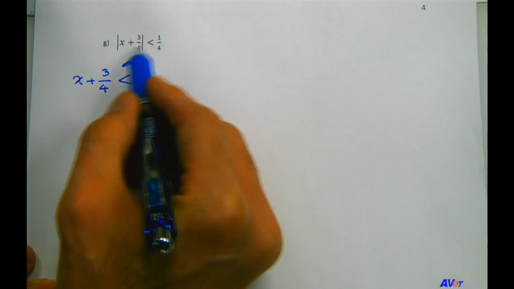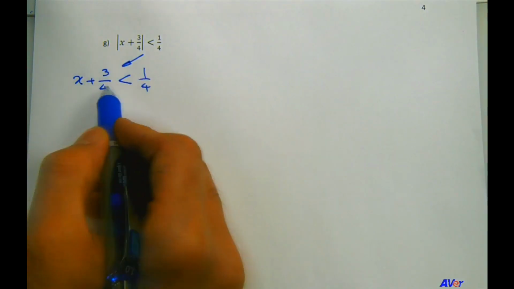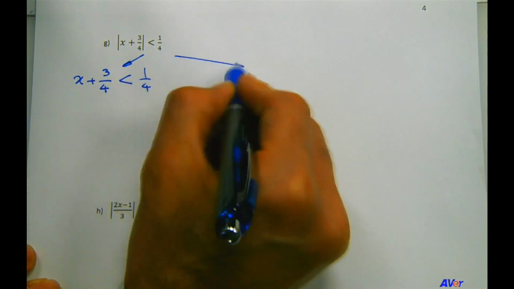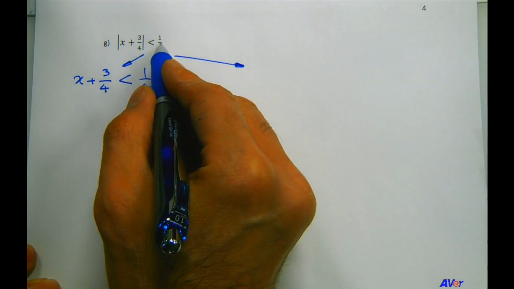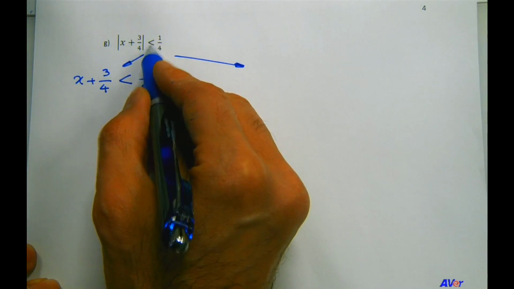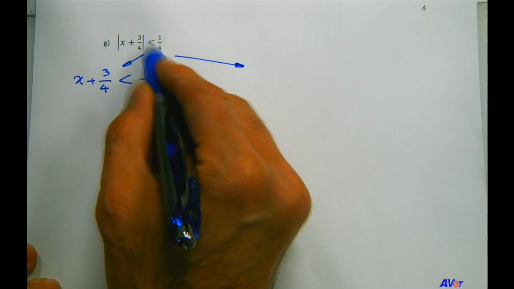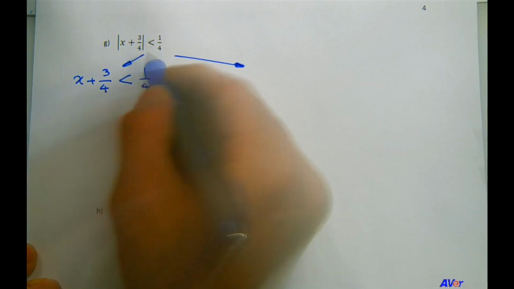So just rewrite the whole thing without the absolute value bars. One of the solutions comes from that. The other solution comes from multiplying the other side by negative 1 and making sure that you remember to switch directions on the inequality symbol.